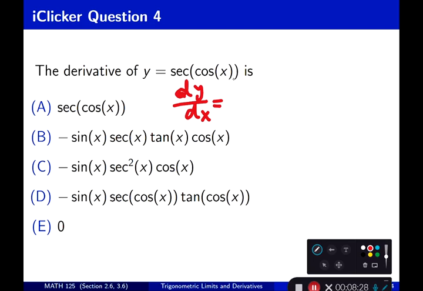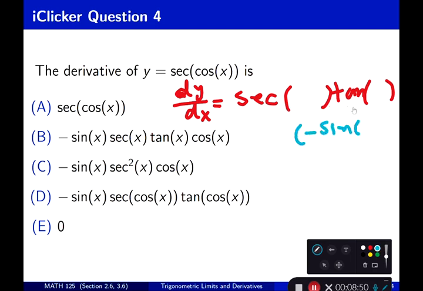So the derivative of that is going to be secant of something, tangent of something, then the derivative of the inside, which is negative sine of x. What goes inside of secant and tangent is cosine of x, unchanged. It's the inside function, unchanged. And the answer is D.